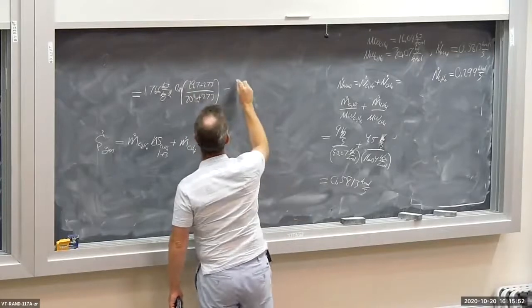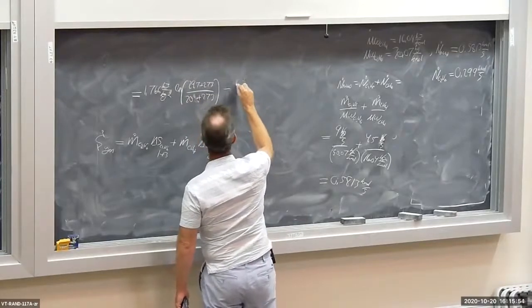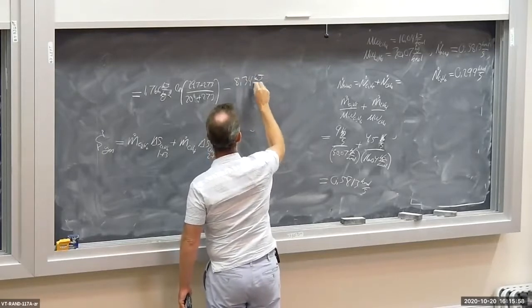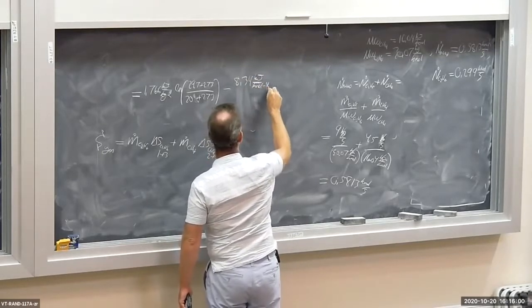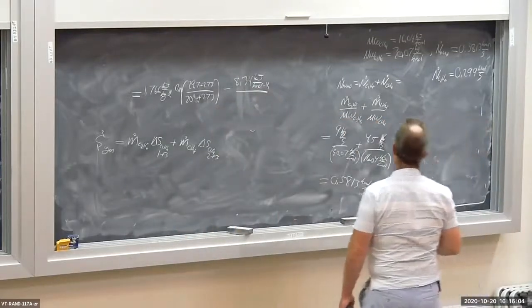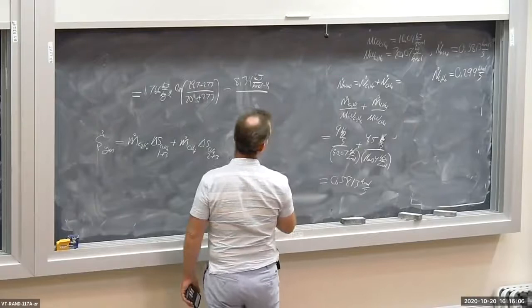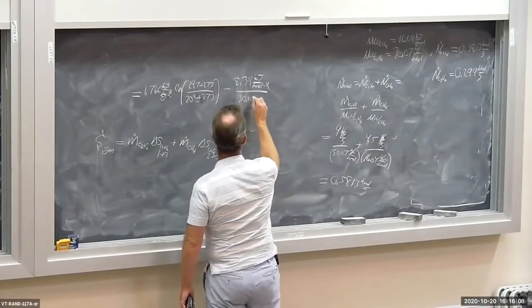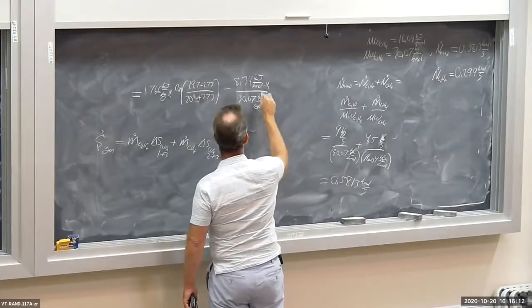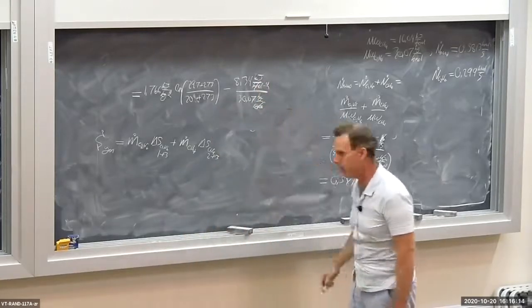And now I have minus R u, which is 8.314 kilojoules per kilomole degree Kelvin, divided by the molecular weight for the ethane. So that is 30.07 kilograms per kilomole. Kilomoles cancel out and I get kilojoules per kilogram.